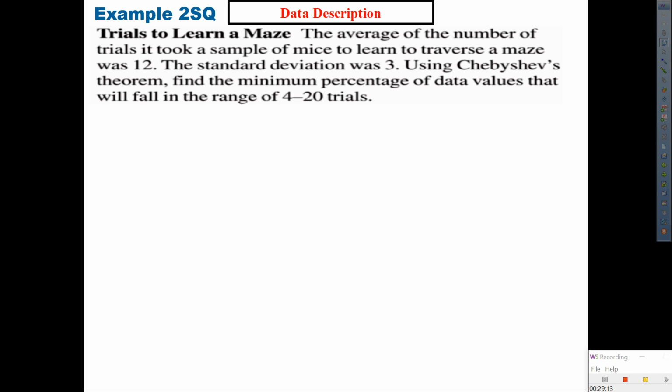Standard deviation of 3. Using Chebyshev's theorem, find the minimum percent of data values that will fall in the range of 4 through 20 trials. Very similar to the one we just did, different numbers. Go through the process. I'll give you some time. Get help from your neighbors. Go.